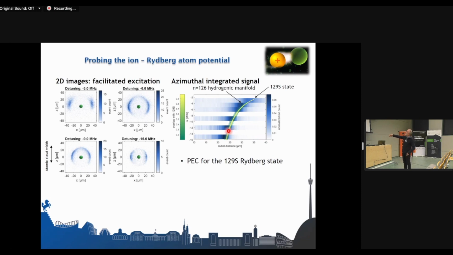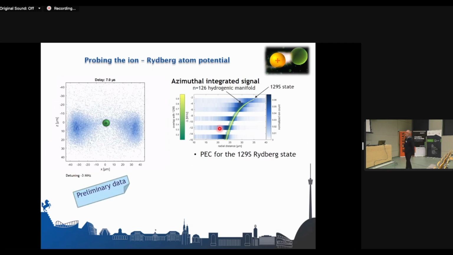Then you get these histograms, these blue-coded histograms here, and you can compare that with the potential energy curve of that 129S state in the vicinity of that ion, and you see that you can map out that potential energy curve relatively nicely by just changing the laser detuning here on this axis. The excitation follows that potential energy curve.